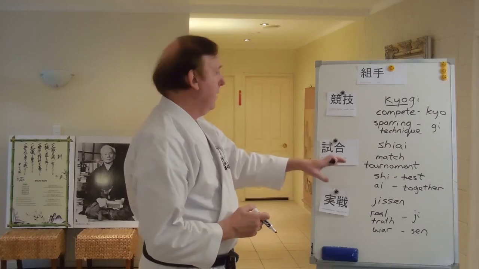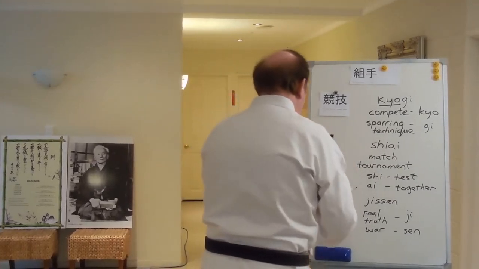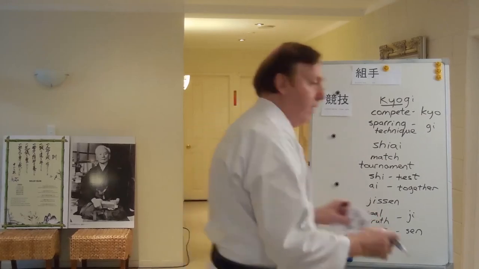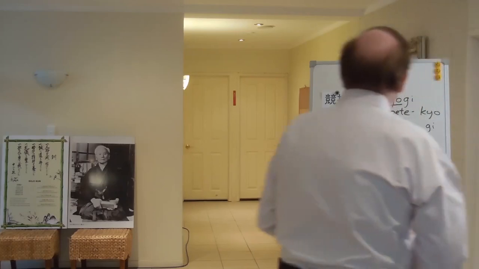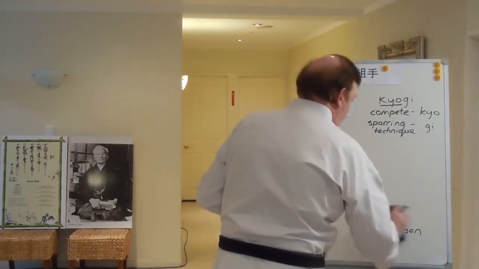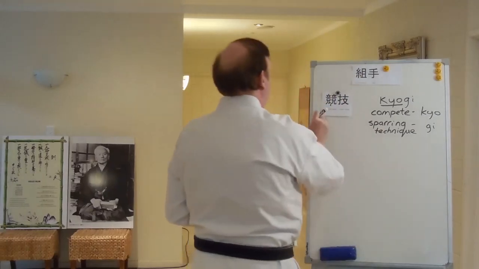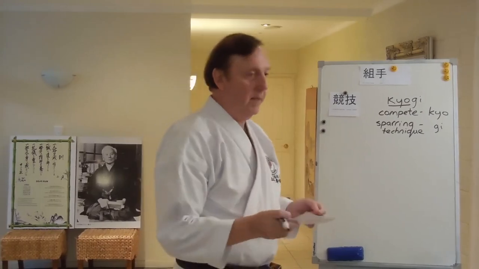Now I'm going to go into these in a bit more detail, so I'll take these two off just for the moment, and we'll come back to those in a minute. But we'll continue with kyogi KUMITE. So what is kyogi KUMITE? How do we put kyogi KUMITE together?